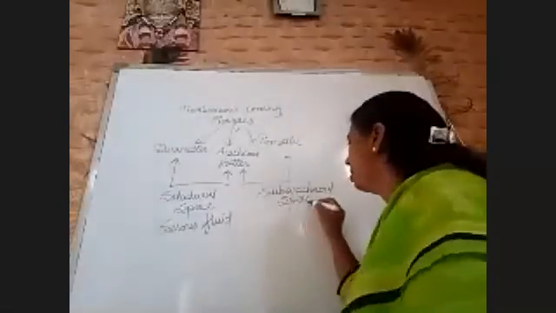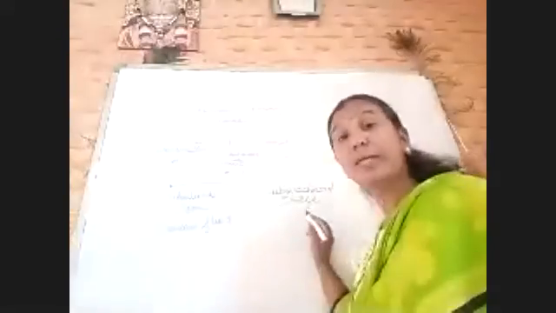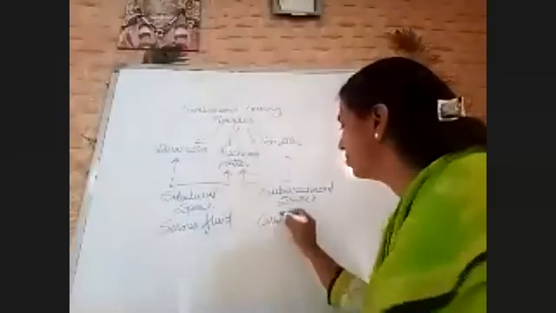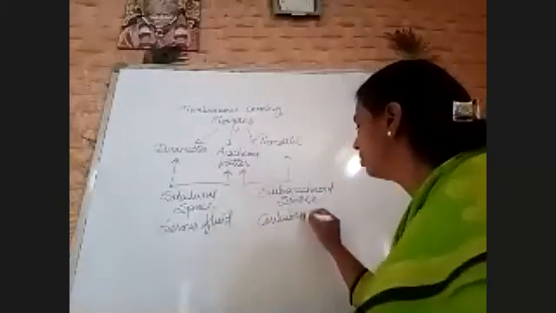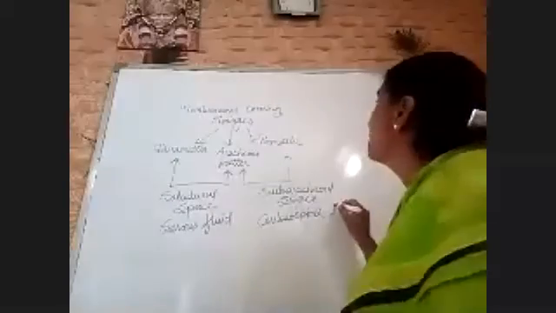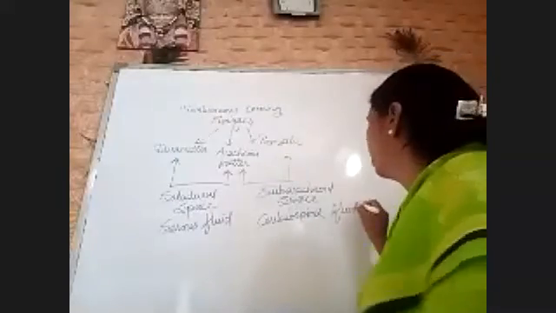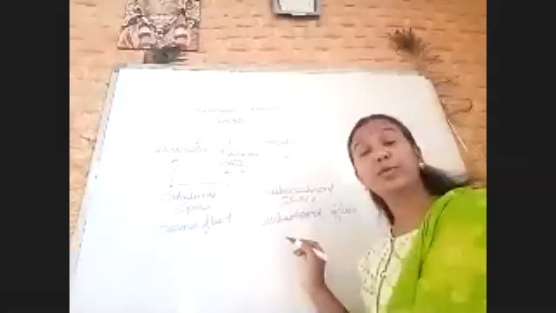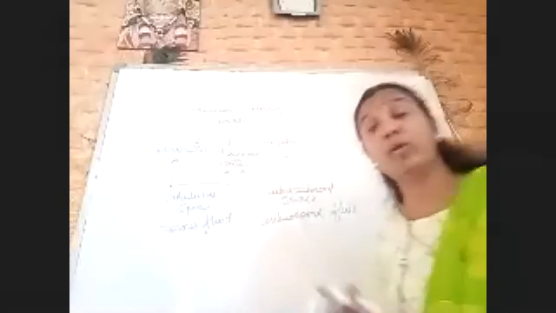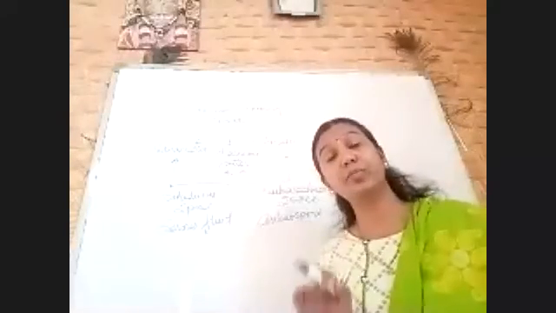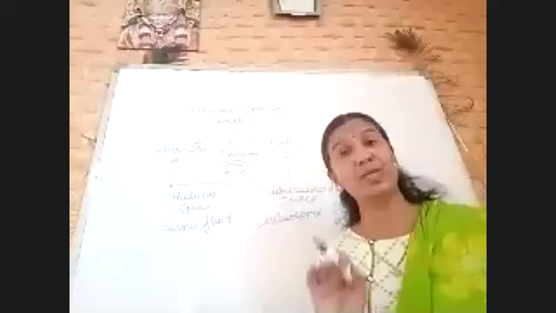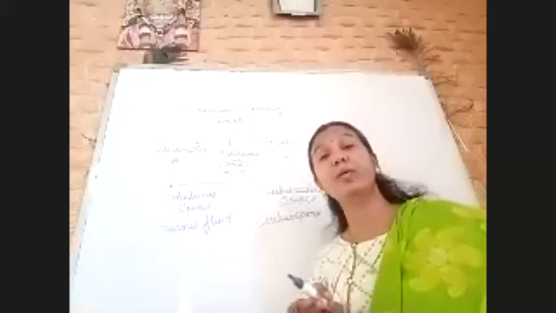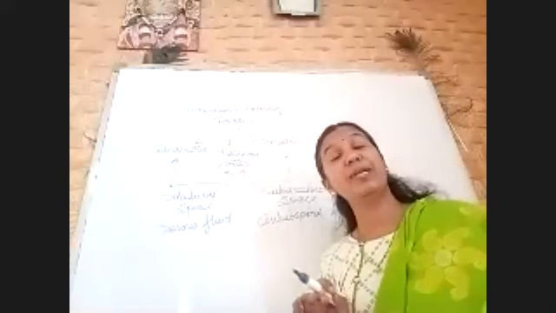This subarachnoid space also contains fluid, called cerebrospinal fluid. Near about 120 milliliters of cerebrospinal fluid is present in the brain and spinal cord, and it is secreted by the ventricles of the brain.